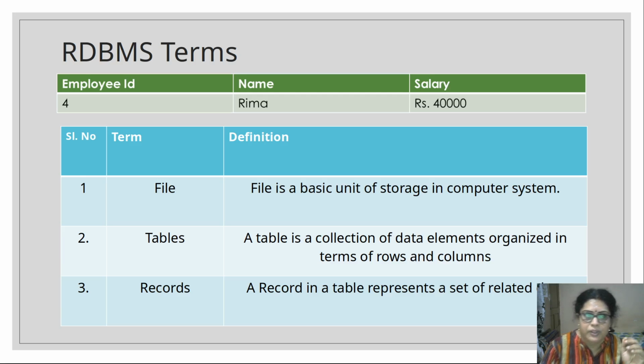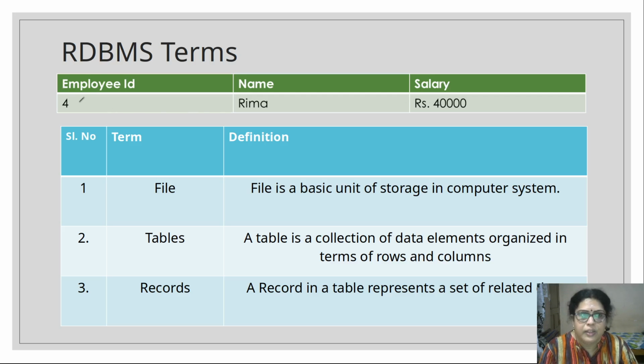Now, I told you in the previous slide that tables are made up of rows and columns. If you observe here on the top, I have taken an employee table, and it has headings: employee ID, name and salary. Here you have some details, like 4, the name of the employee is Rima, and the salary is 40,000.